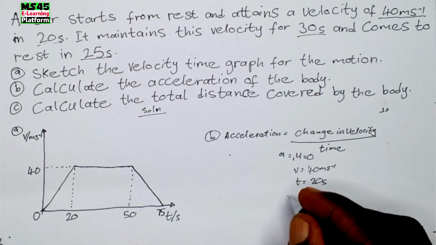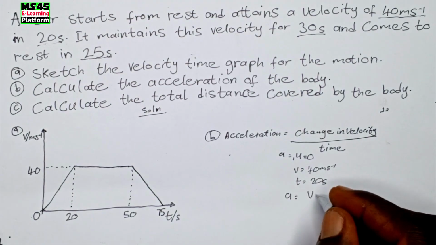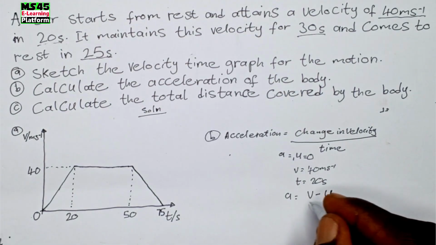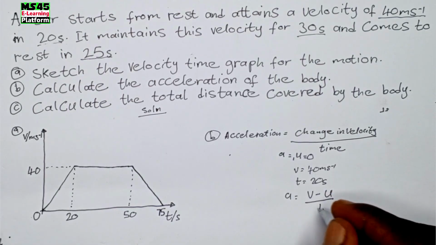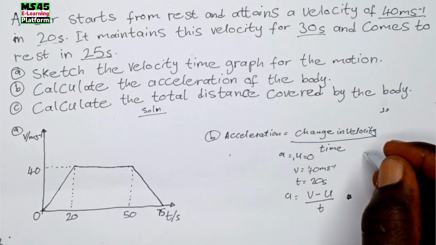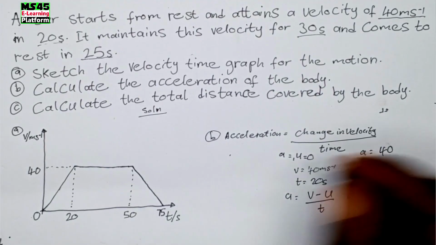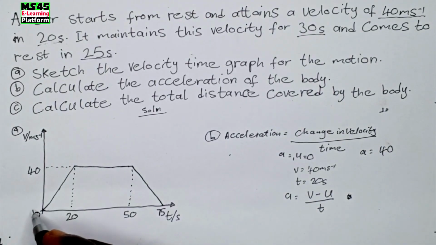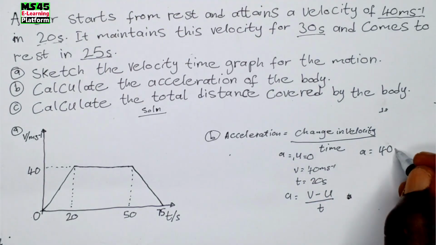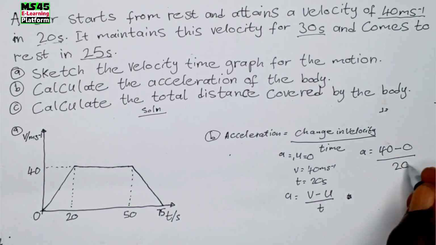So acceleration will be equal to change in velocity, that is final velocity minus initial velocity, with respect to time. So a will be equal to v, that is 40 here, minus the initial velocity, which is 0, all over time, which is 20.